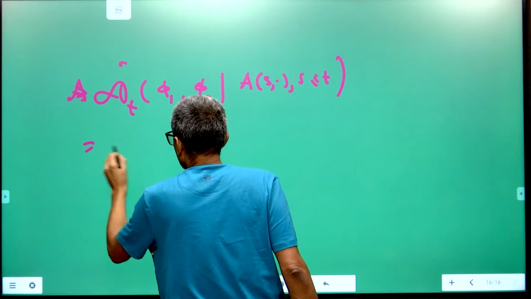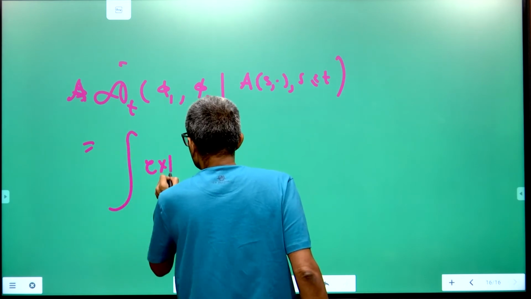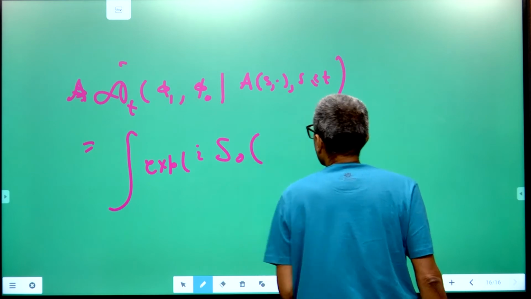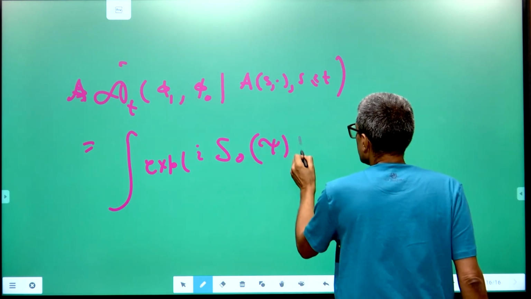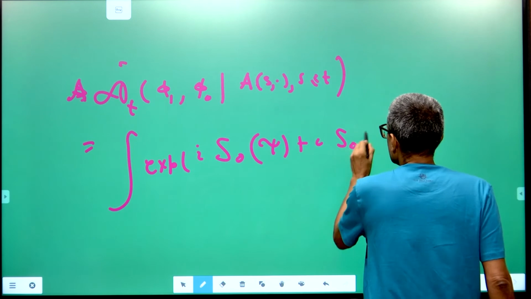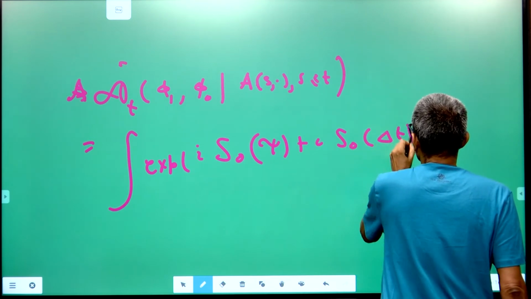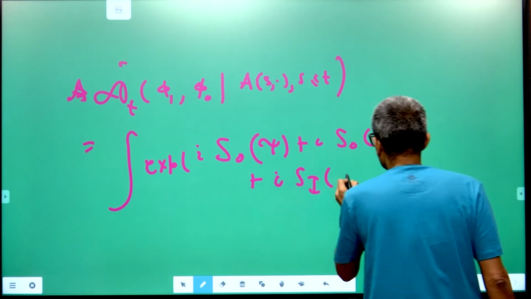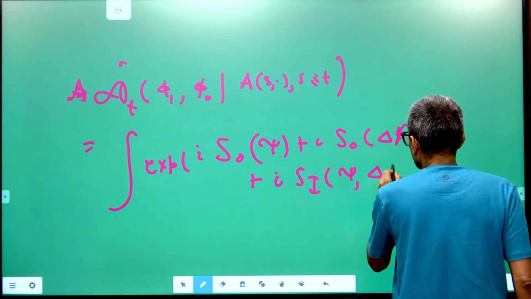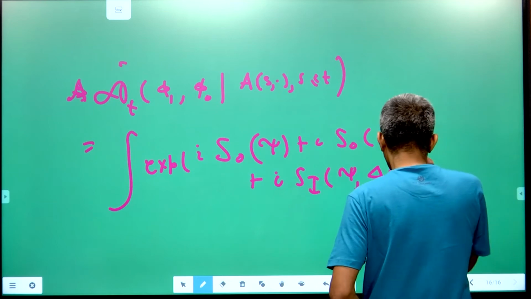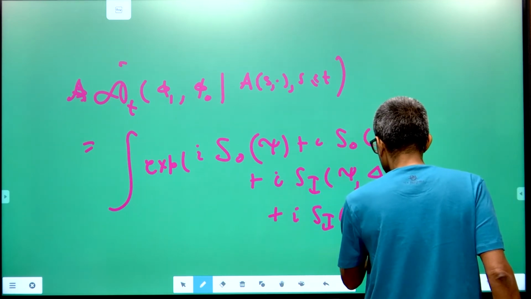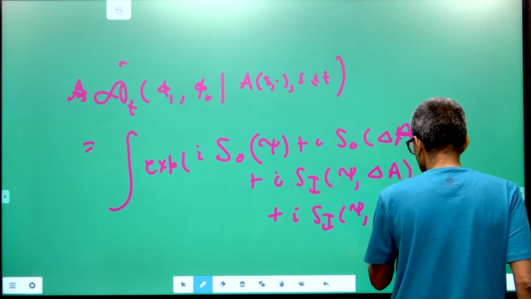So this is nothing but equal to exponential of I S0 of psi, up to time t, plus I S0 of delta A, plus I times the interaction between psi and delta A, plus I times the interaction between psi and the control field.